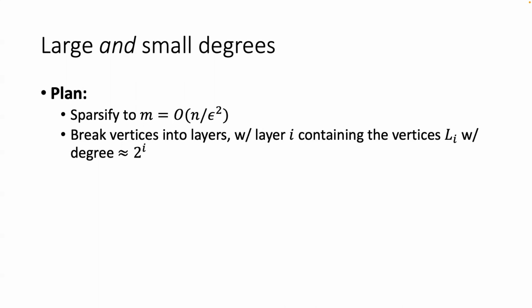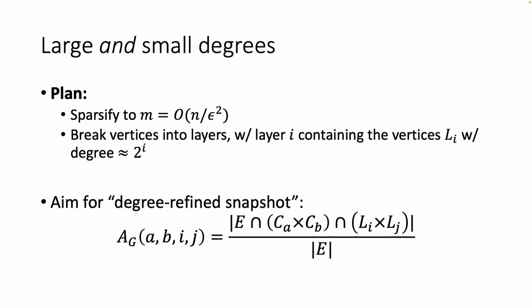So there's a log number of different layers. And then we aim for something more specific: we aim to calculate how many edges in the graph go from bias A to bias B and layer i to layer j. This is some more granular information.